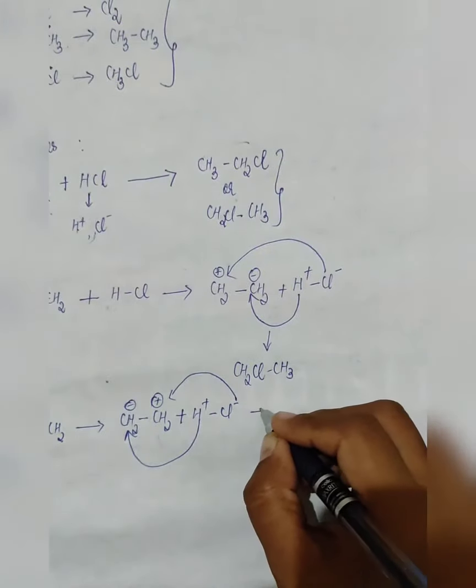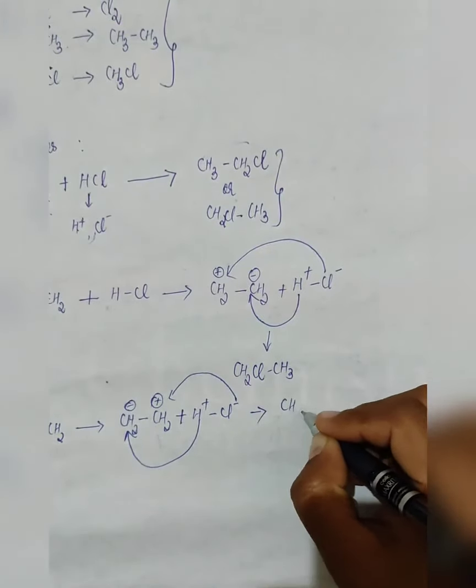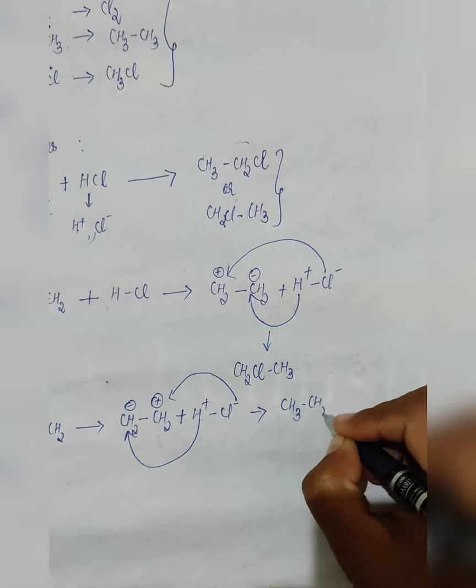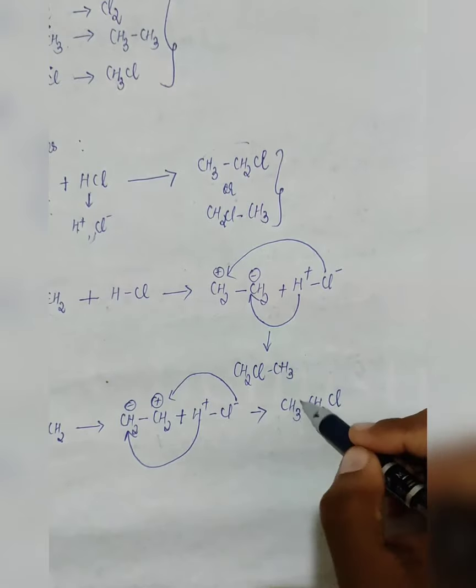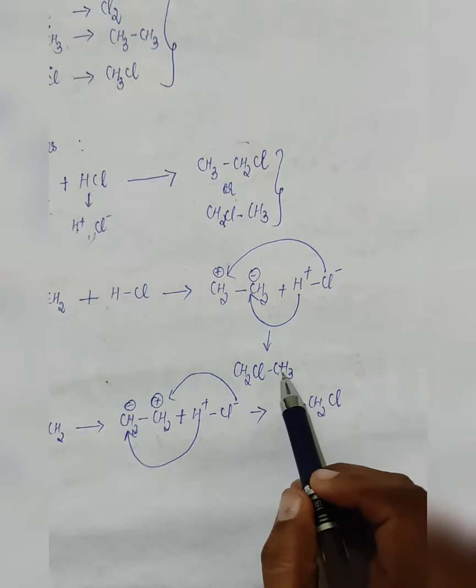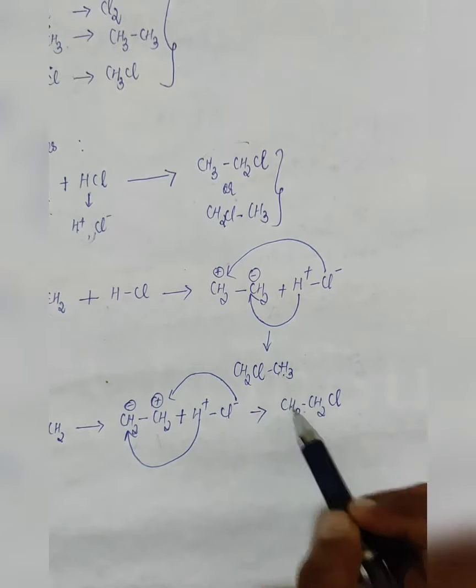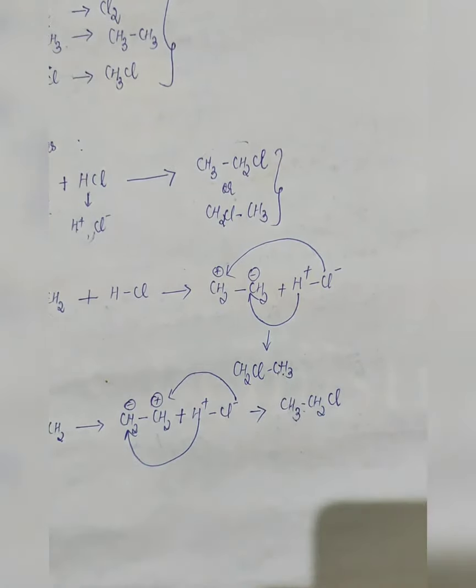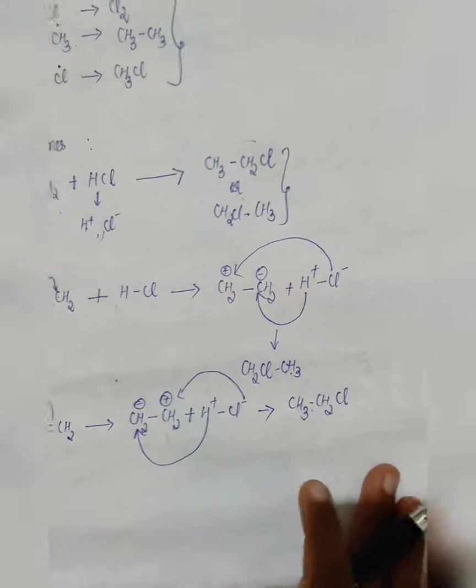So in this case we get CH3CH2Cl. So in both the cases we are getting the same product. It is just the arrangement that is different, but you can also write this in this format. So in case of symmetrical we will get the same compound, but if it is unsymmetrical you have to follow Markovnikov's rule.